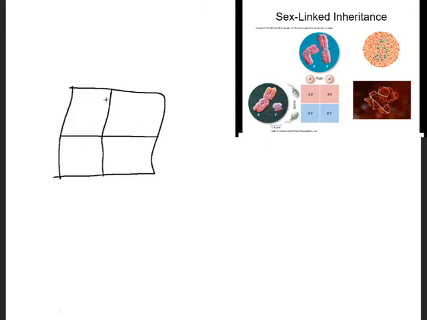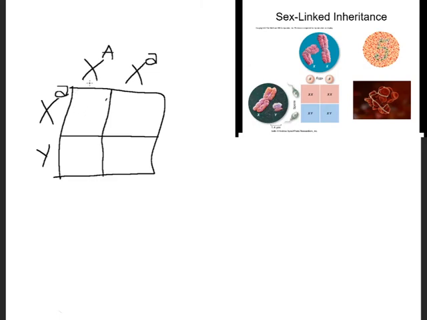So if I say that a colorblind man has children with a woman who is a carrier for color blindness, let's set that up here. So the woman's a carrier for color blindness. She's going to have 1 dominant, 1 recessive. The man is colorblind, so that's his only allele. He's got the recessive allele.